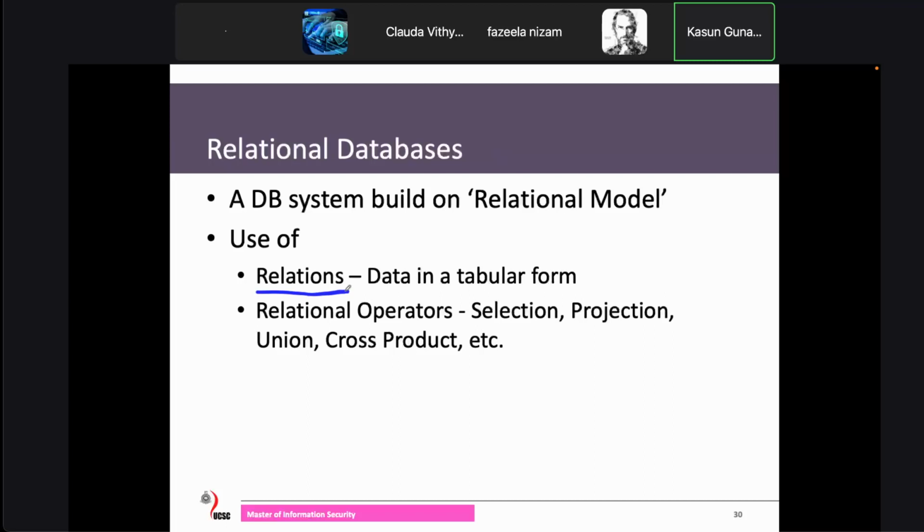Selection, projection, union, cross product: the origins of these operators are in set theory. So there is a mathematical basis behind this relational model. We are not going to detail all of these mathematical aspects, but for your knowledge, just know that the relational data model has a mathematical basis and relies on set theory.